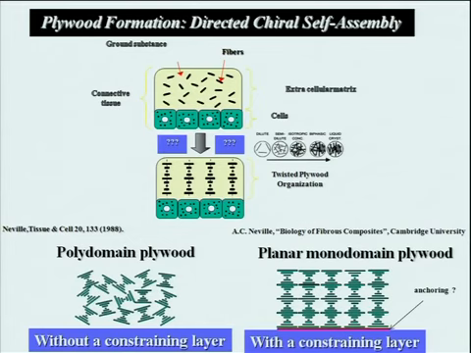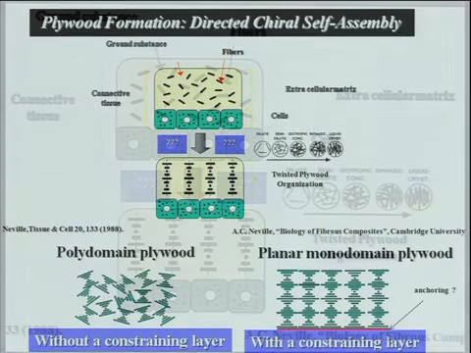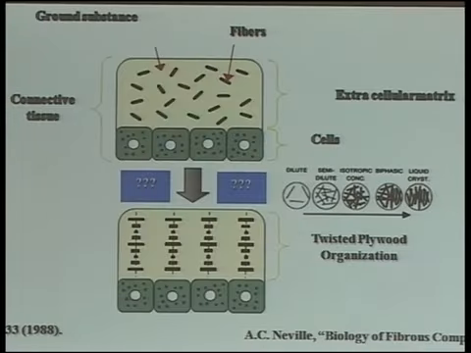And I have chirality, so I expect to have a twisted plywood organization. Now, a key point is that to have a uniform monodomain structure, you need definitive planar anchoring with a constraining layer. Without this constraining layer, you get polydomain plywoods.